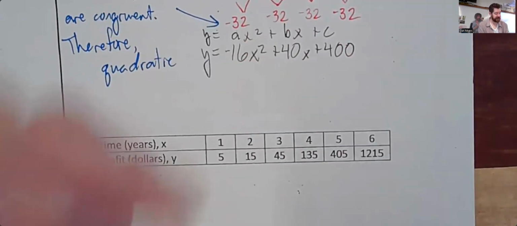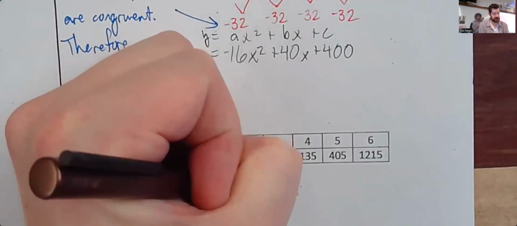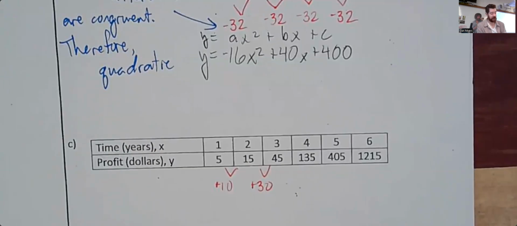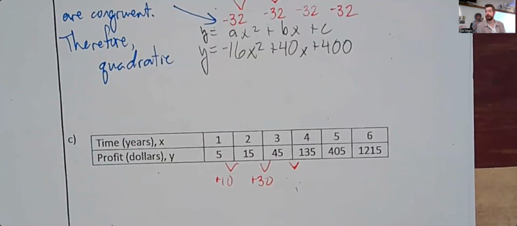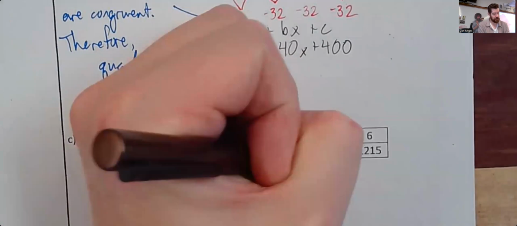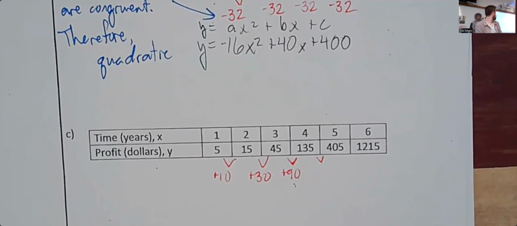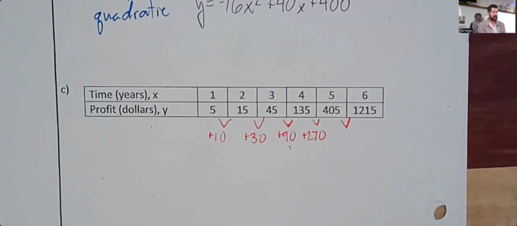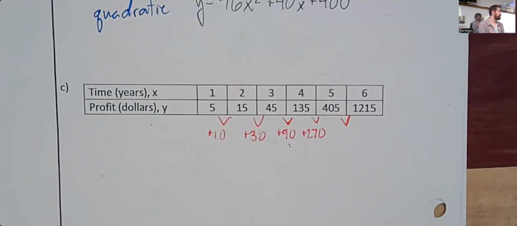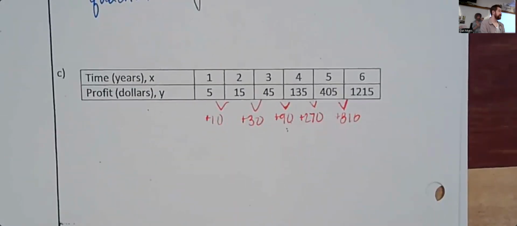Our first difference is, let's see, 5 to 15 is an increase of 10, 15 to 45, that's an increase of 30, so plus 30. 45 to 135, what's that an increase of? 90, so plus 90. 135 to 405, 270, so plus 270, and then 405 to 1215, 810, so plus 810. All right, so first difference is certainly not linear.